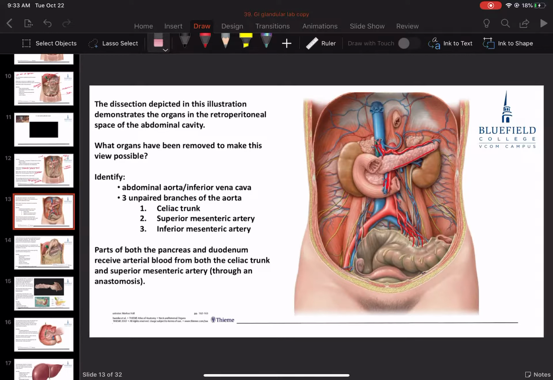So now we have both the secondarily retroperitoneal organs, which would be the duodenum and the pancreas, and the true or primary retroperitoneal organs, which would be the kidneys, adrenals, inferior vena cava, and aorta.